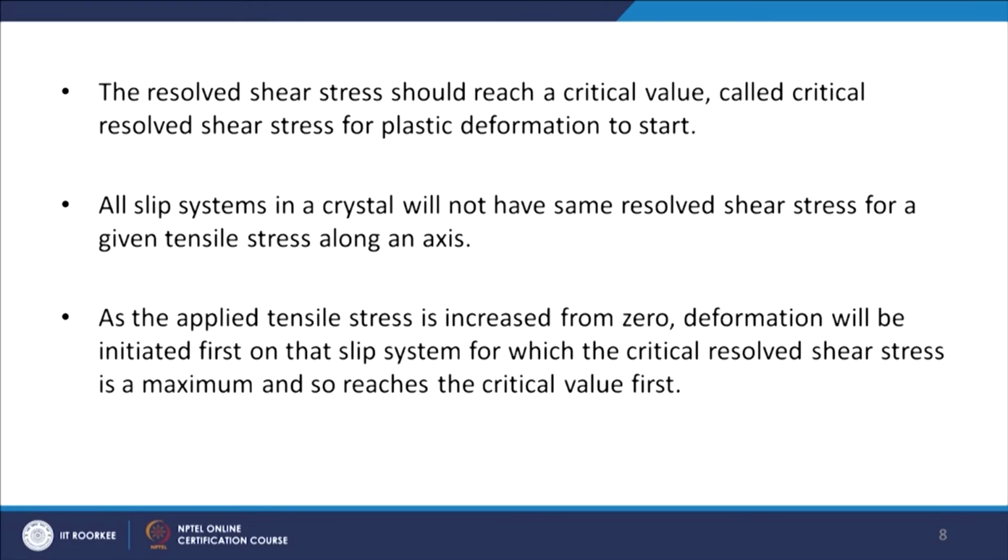The deformation will be initiated first on that slip system for which the resolved shear stress is maximum, and so reaches the critical value first. Wherever this resolved shear stress is maximum, the deformation will start there.